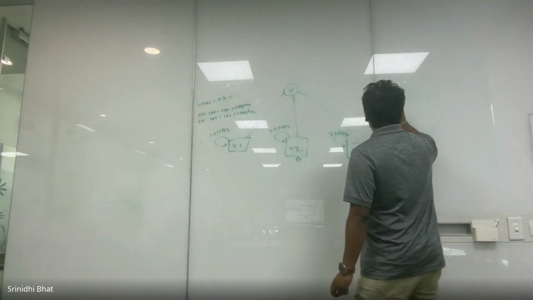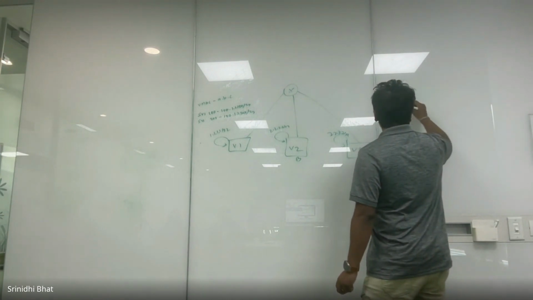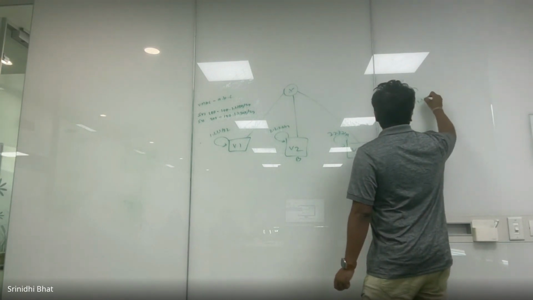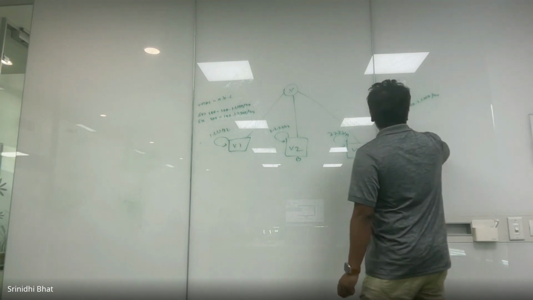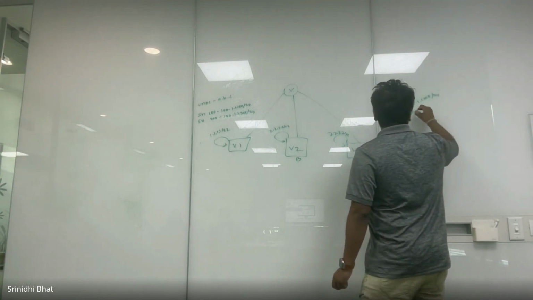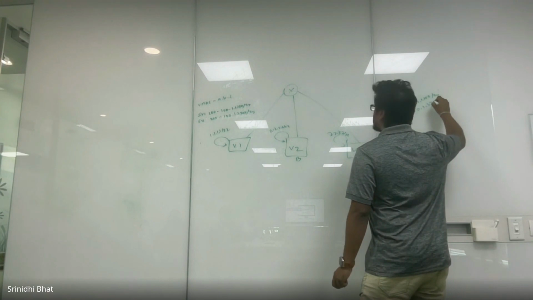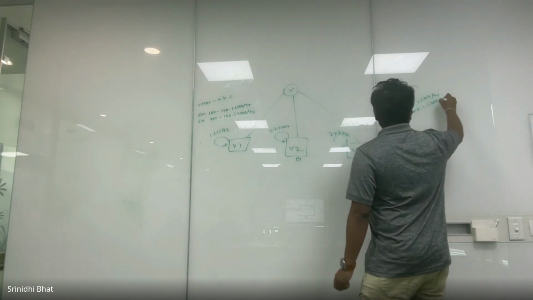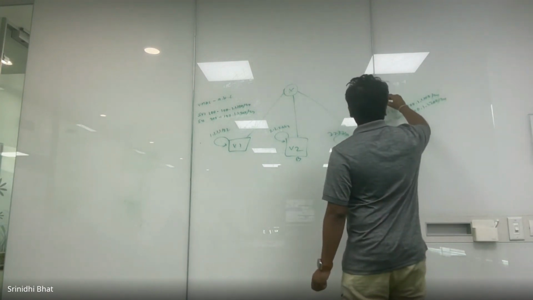Same is here, SVI 100. Again, IP address virtual. Virtual MAC is the same.